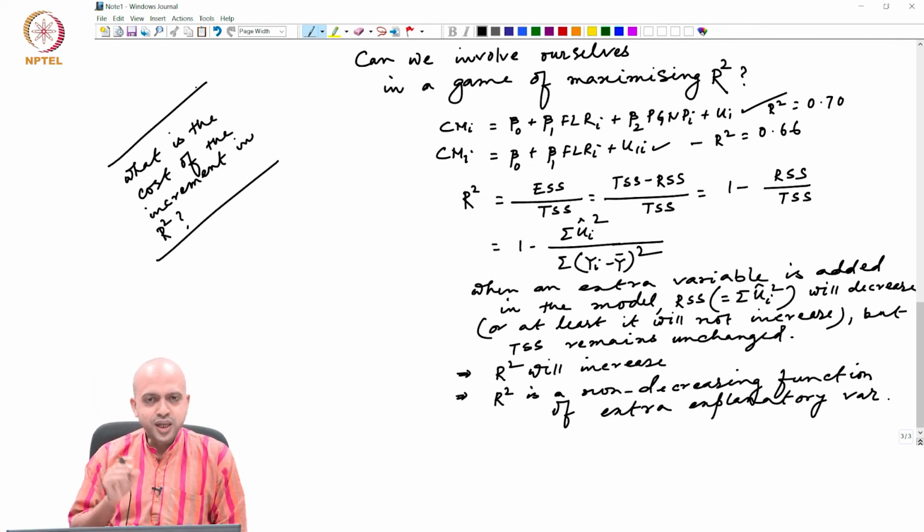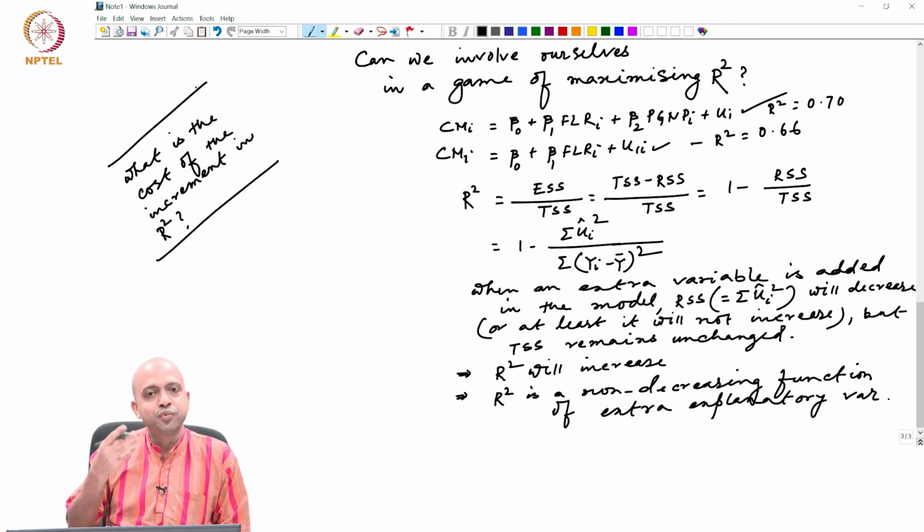If we recall, every additional variable we include in our model uses extra degrees of freedom. If you include too many variables in the model, then the degrees of freedom based on which your beta 1 hat, beta 2 hat, these parameters, are estimated would be lesser and lesser. And if you have too few observations freely moving to estimate your parameters, then the reliability of the parameters comes down drastically.